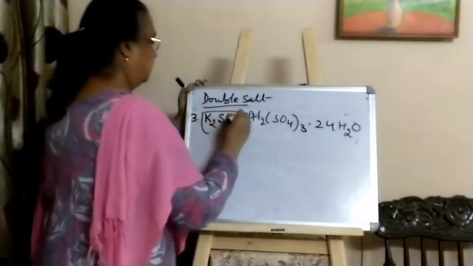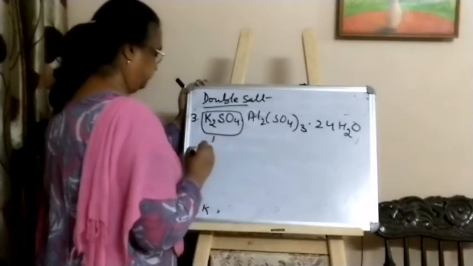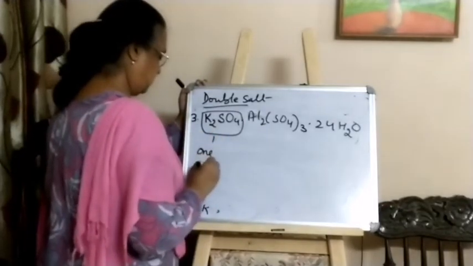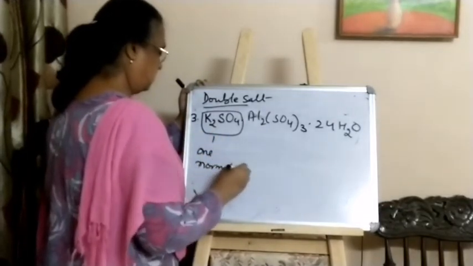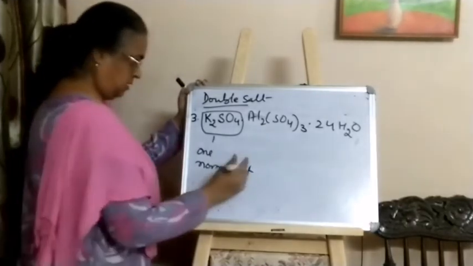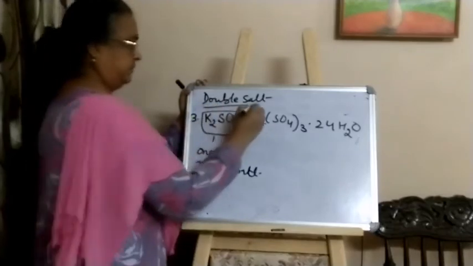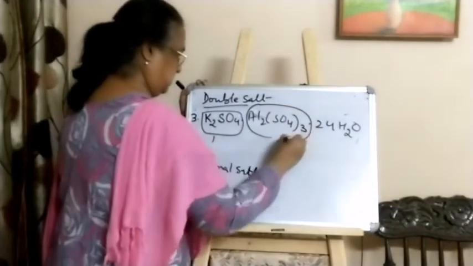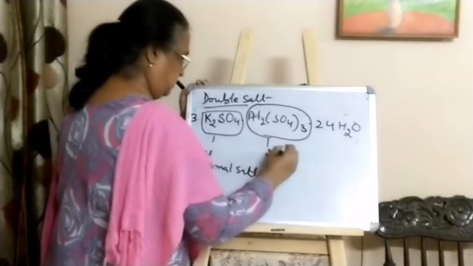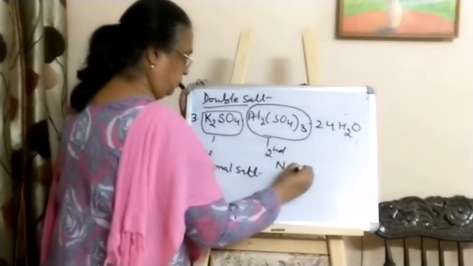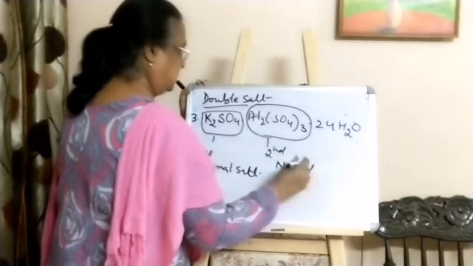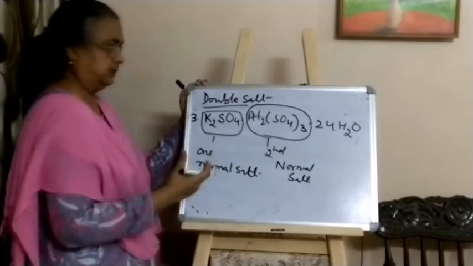This is one normal salt, and it has its own crystalline nature. This is the second normal salt, and it has its own crystalline nature.